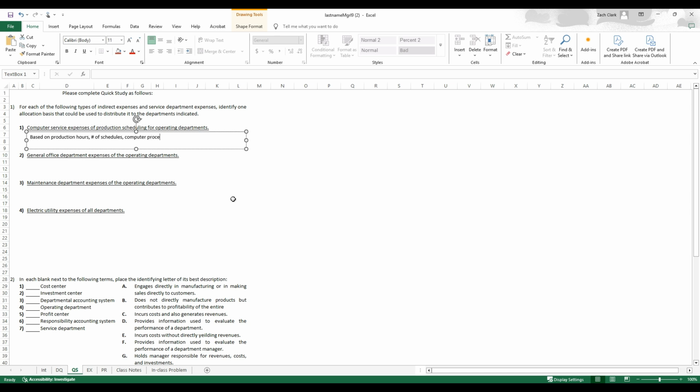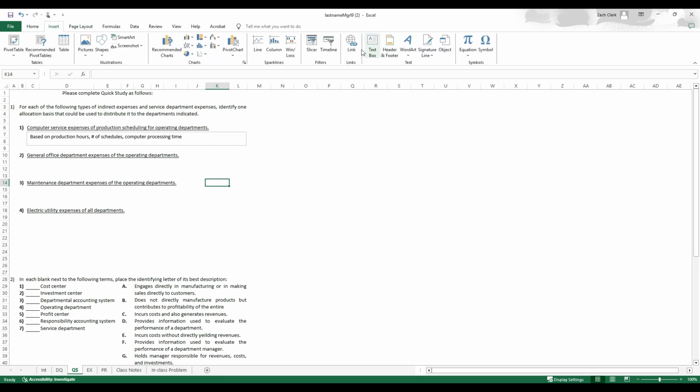Computer processing time, if you could somehow figure out a way to analyze what the department has been working on, or if you could track the work of the IT department and tie that back into specific departments, and so on and so forth. So there are some examples. General office department expenses.